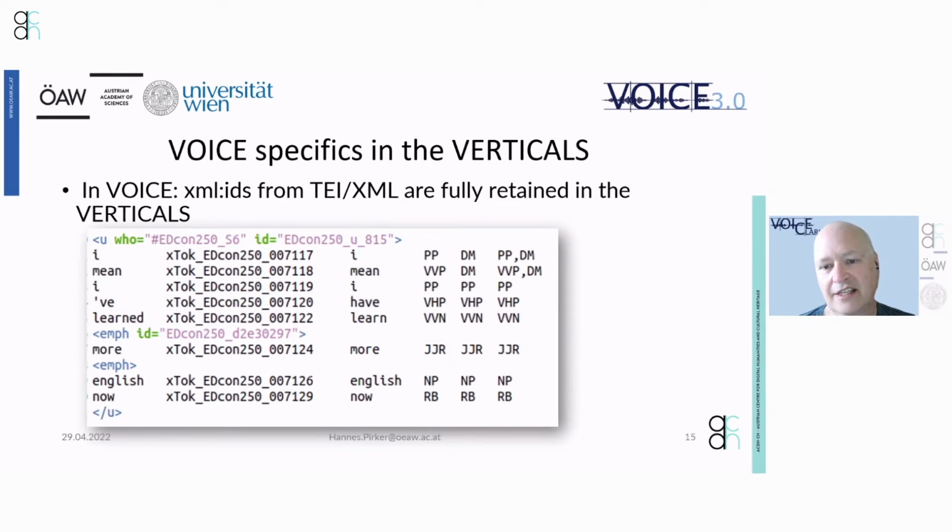In the original TEI, each and every snippet has its unique ID, and we copied that into the verticals. This allows us to have this one-to-one coupling between results returned from the NoSketch Engine and the original TEI.